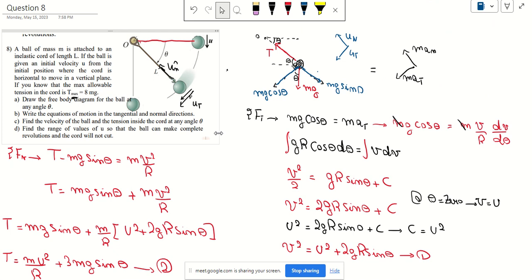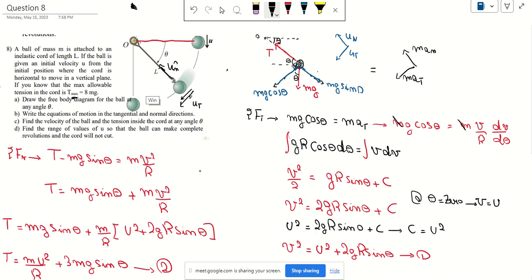Let us imagine this is a particle, a ball at the end of a rope, and I'm moving it, giving it an initial velocity. Which is the critical point I must be afraid of, where I will have no tension in the cable? If you imagine the motion, you'll find it is here, at the highest point.